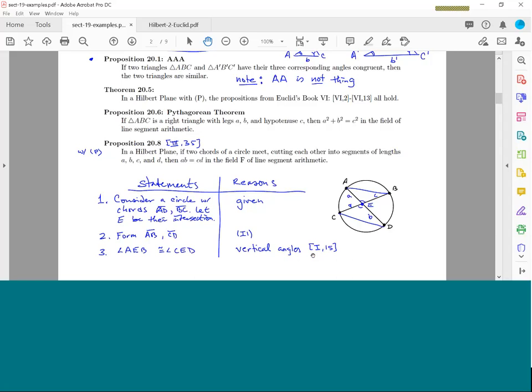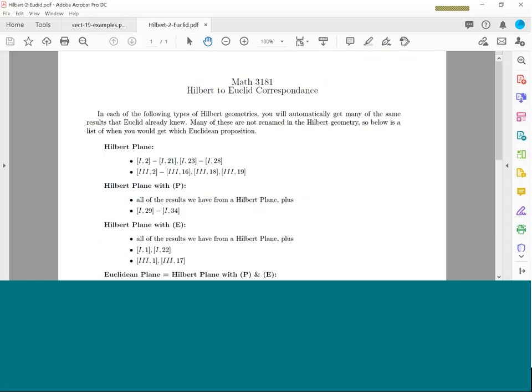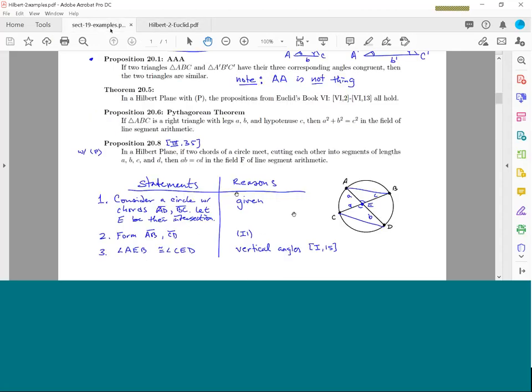So if you go back to our reference of all the things that we can do or have from Euclid in various Hilbert planes with various propositions attached, we notice that our proposition 15 from book 1 is actually in that interval right here of 2 to 21 from book 1. Hilbert plane, we're all set. We can totally use vertical angles. That would be one of the ways of using this reference of you go for the property that you want, and then you double check that you can actually use it.